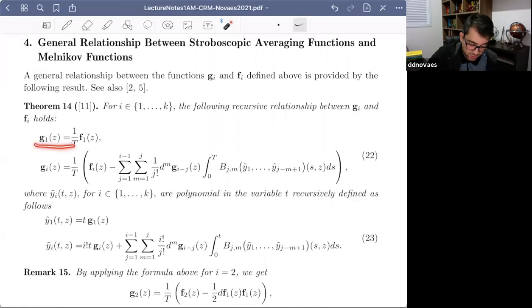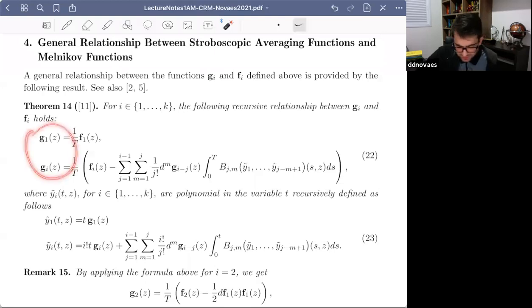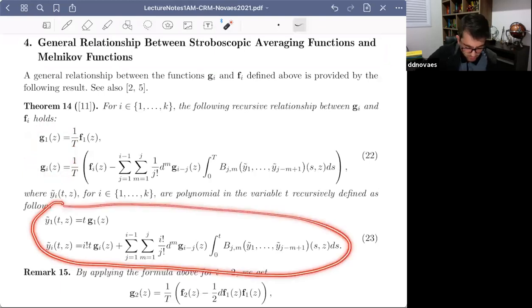The first one we have already seen, G1 is just F1 divided by the period, and the other ones, for instance, G_i is equal to F_i divided by T, but I have to subtract another function here, okay? And in order to compute this function, we also have to compute this other sequence of functions.